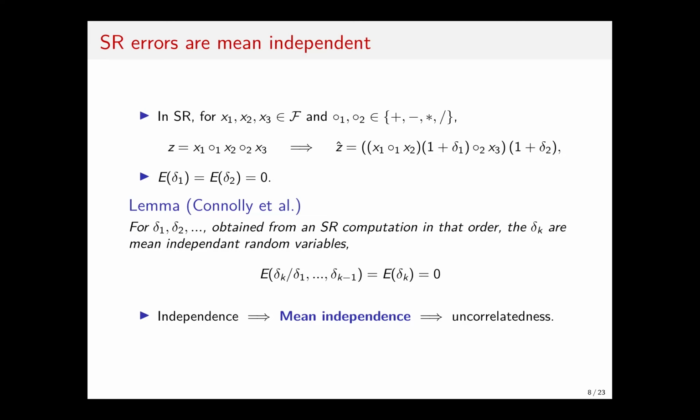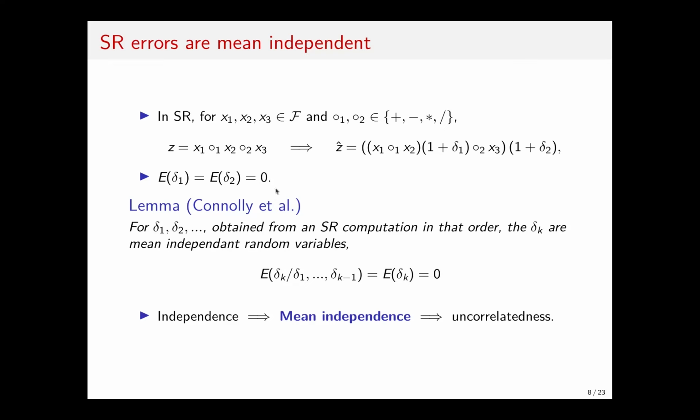And now the question that we can ask is what happens when we chain multiple operations. So here we are going to chain two operations, so round circle 1 and circle 2. Each one of the errors, delta 1 and delta 2, is unbiased, as we just saw.